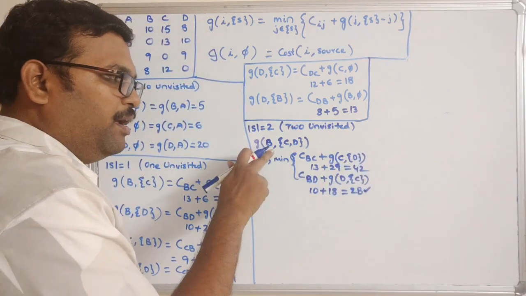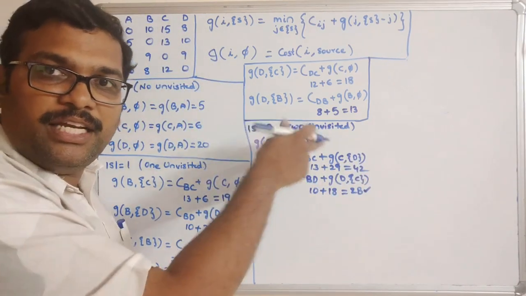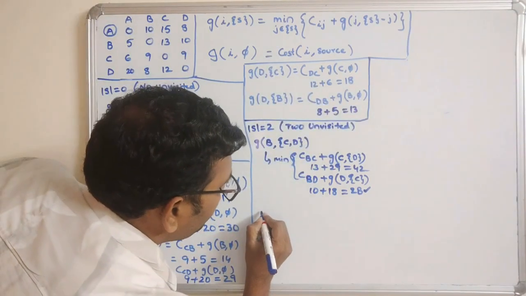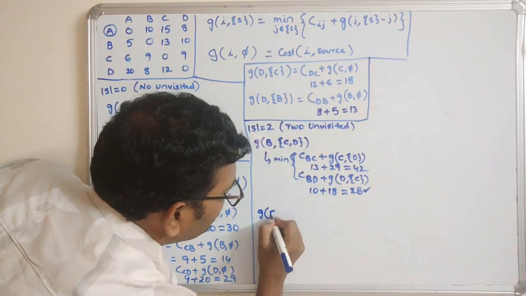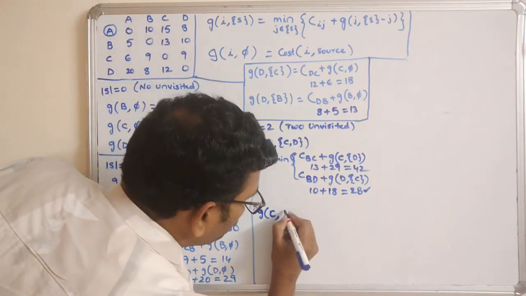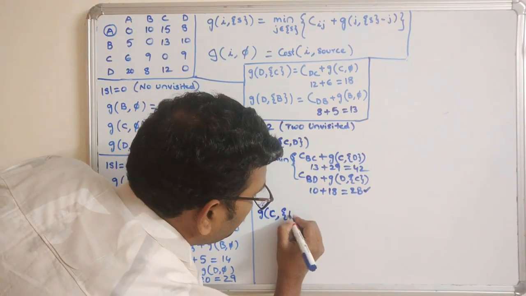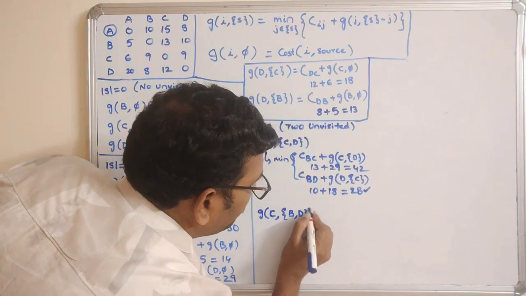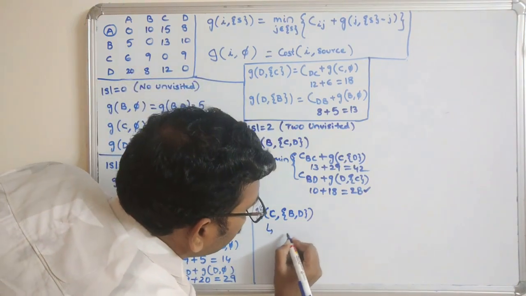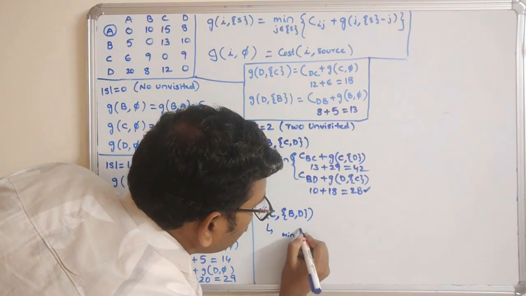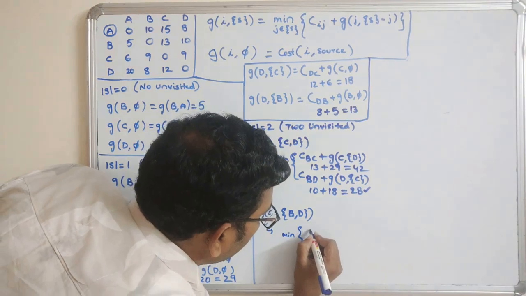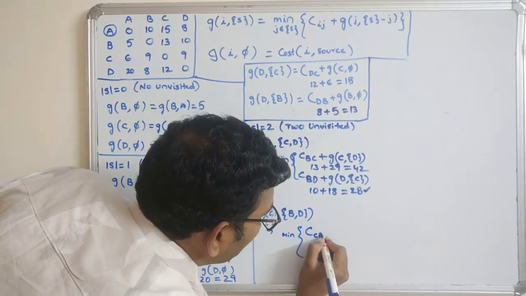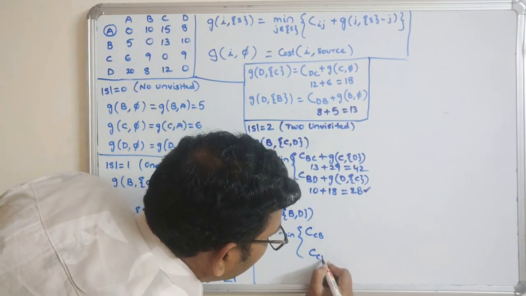So this is the possibility if we are at B: the next possible edges will be either C or D. Now G of, if we are at C, the next possible unvisited are B and D. So minimum of cost of CB and cost of CD.